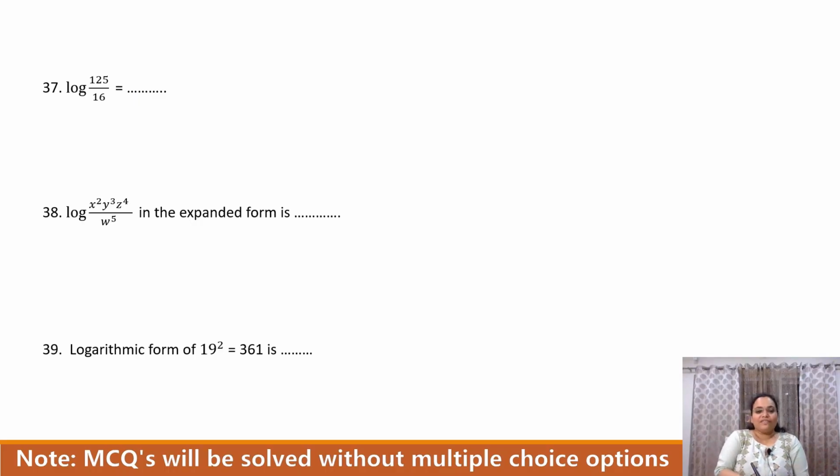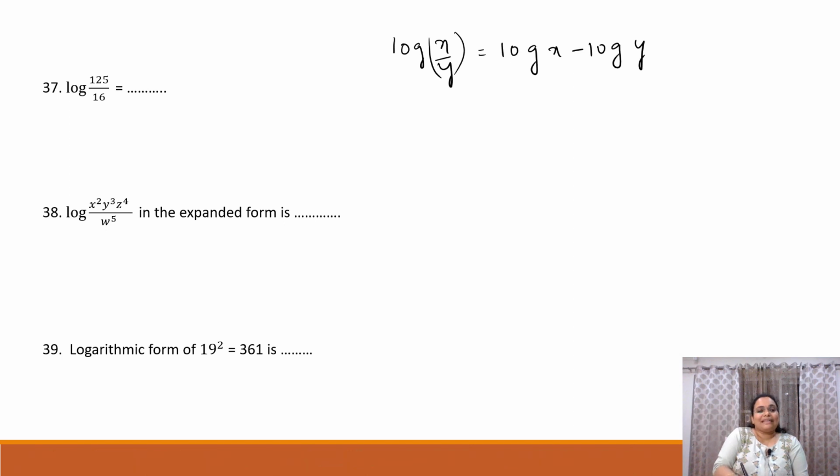Next one we need to solve is log 125 by 16. If you observe this clearly, this is in the form of log x by y. What is the formula for this? This is log x minus log y. So first let us convert 125 and 16. 125 can be written as 5 cube, and 16 can be written as 2 power 4.